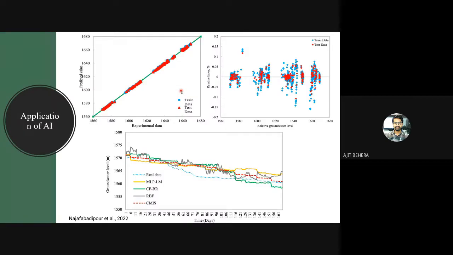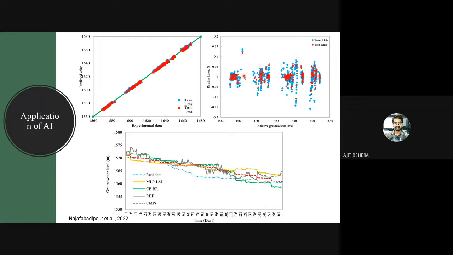Okay, so like I told you, the basic is the same. Basic is the same means we have to identify the percentage of error. If the percentage of error is less, then it is very good, and we have to process further.